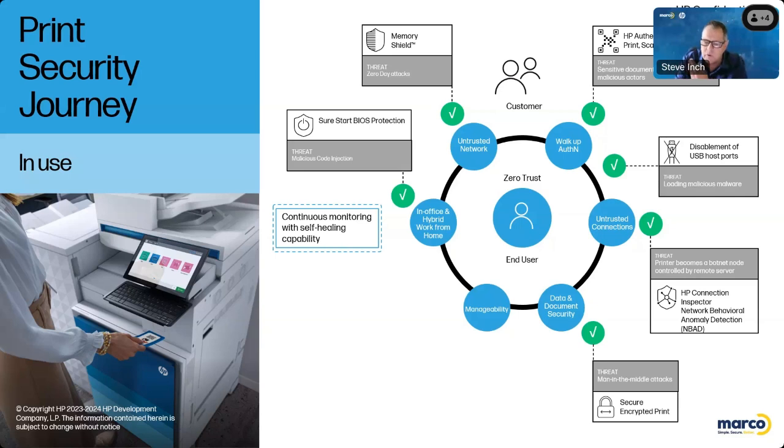It's really critical that outbound communication from the printer is continuously monitored, because it could be an example of a hacker trying to get command and control of your individual device to get into your network.